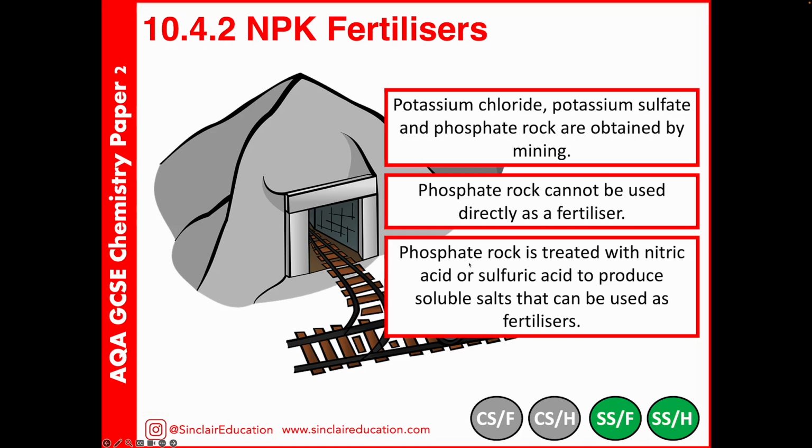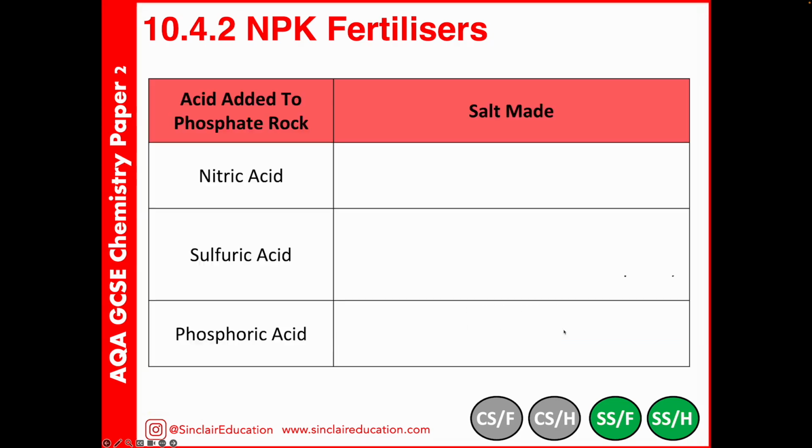Or alternatively, what we can do is we can treat this with nitric acid or sulfuric acid to make soluble salts that can also be used as fertilisers. Be aware of these. There have been some sneaky questions in the past. So, acid added to phosphate rock. If we add nitric acid to phosphate rock, we make calcium nitrate and phosphoric acid.